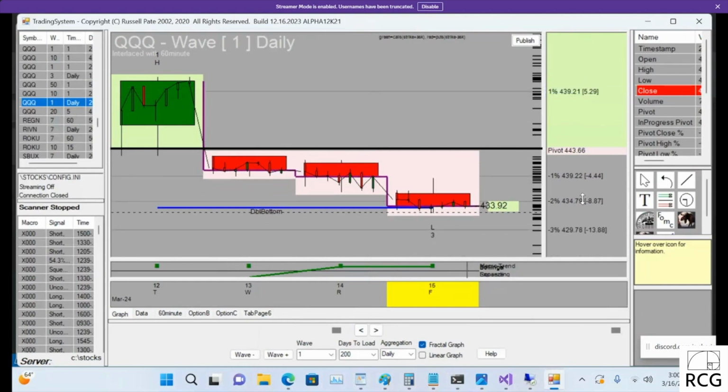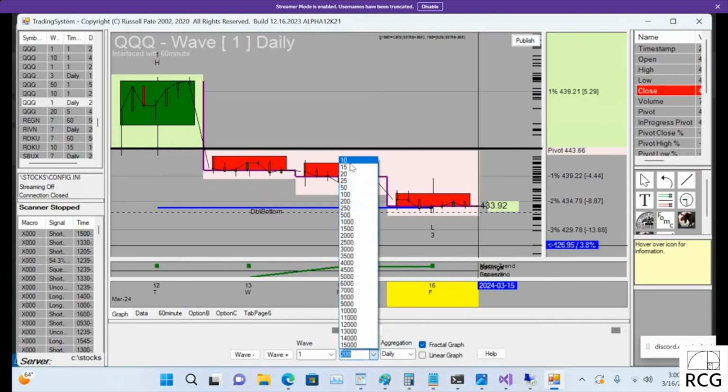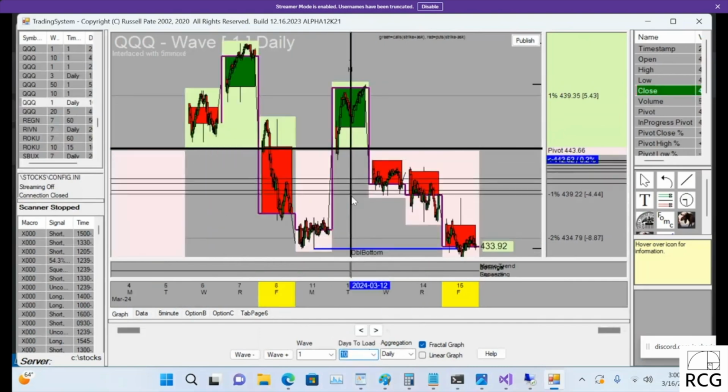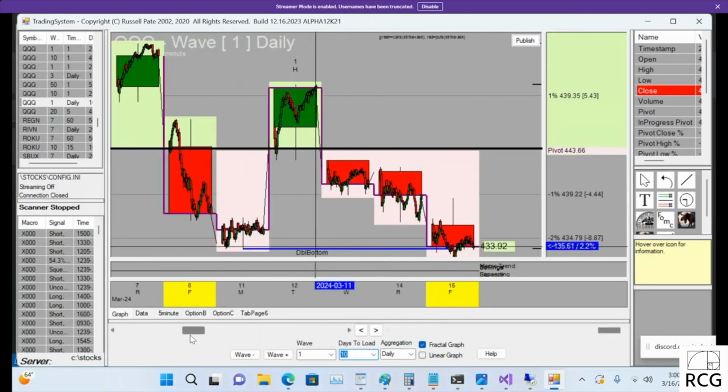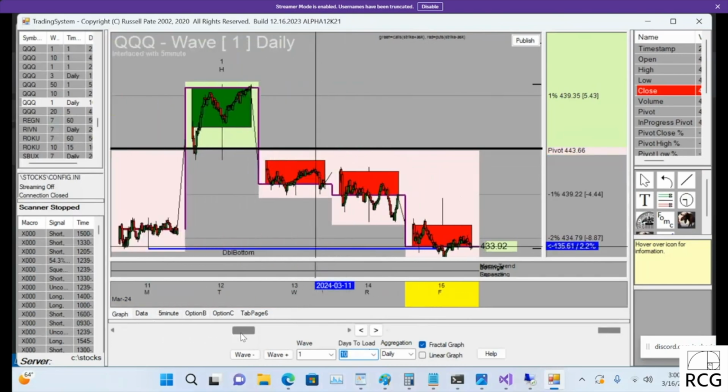Yeah. And then here, the tighter you get in time frame, the tighter the interlaced candle interval is against the daily candles.